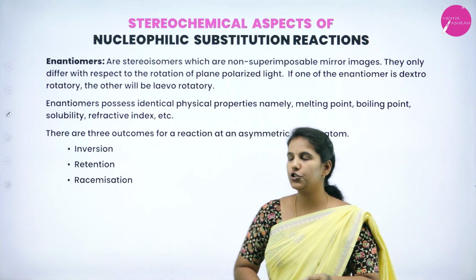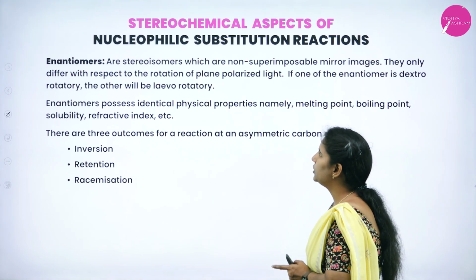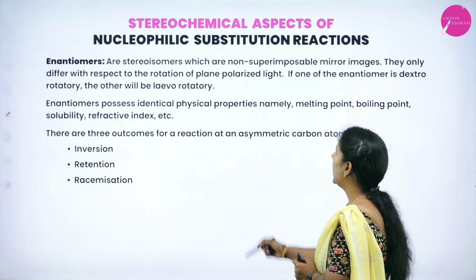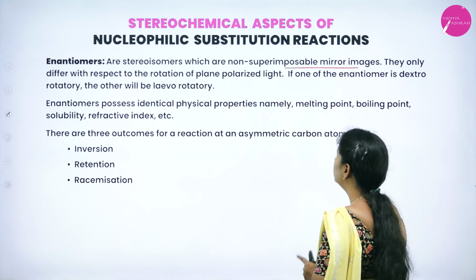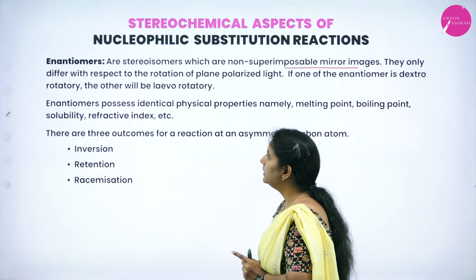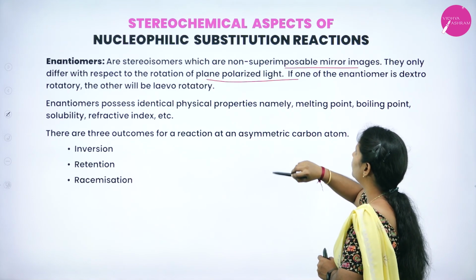Next we have enantiomers. What are enantiomers? We'll understand now. Enantiomers are stereoisomers that are non-superimposable mirror images, and they differ only with respect to the rotation of plane polarized light.